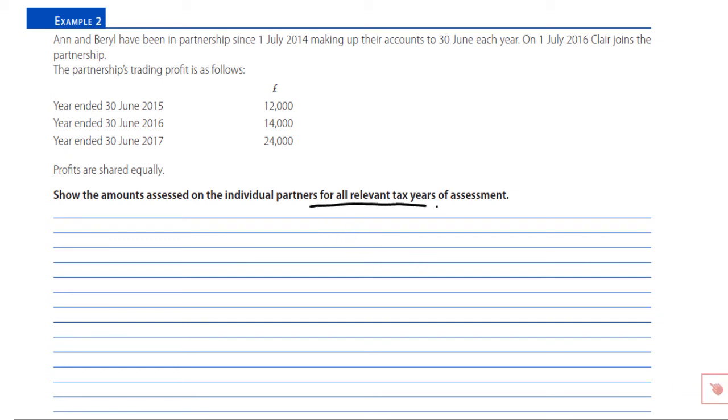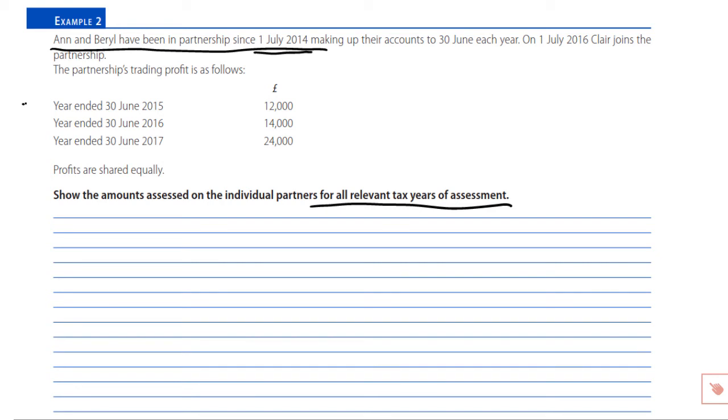Now this is made a little bit more interesting, because rather than inheriting Anne and Beryl as an existing partnership and therefore using CYB, as has just happened with partners A and V, we're told that Anne and Beryl have been in partnership since the 1st of July 14.